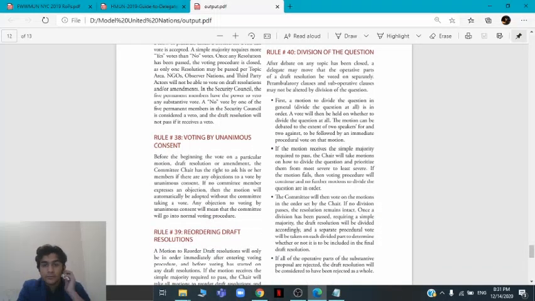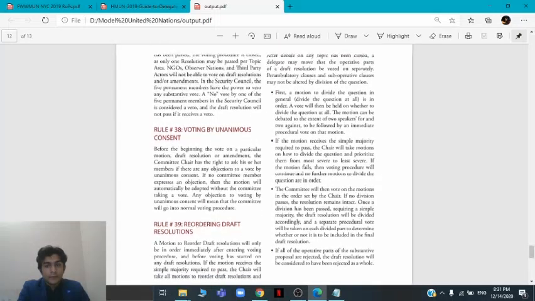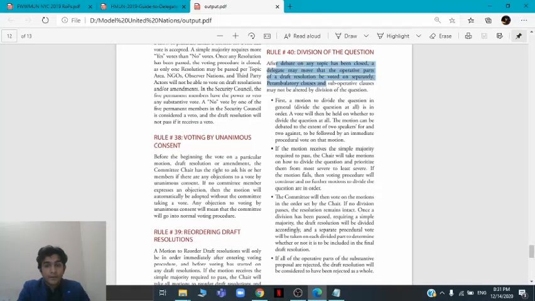And for the division of questions, firstly we need to understand that division of questions is only on operative clauses, right? And for that we have a specific operative clause, and we are going to vote on each operative clause. There's going to be a speech.